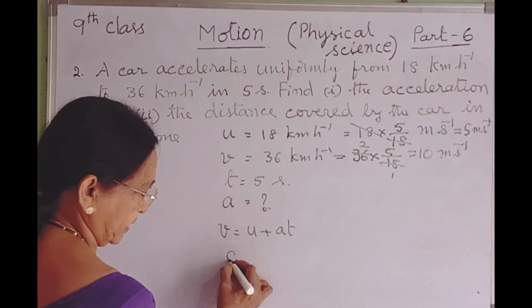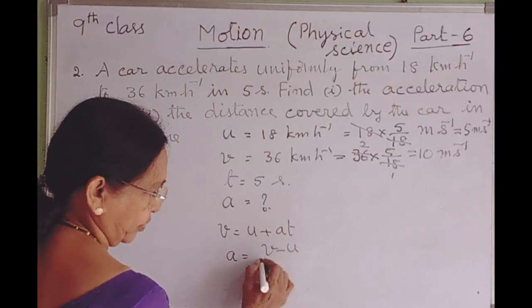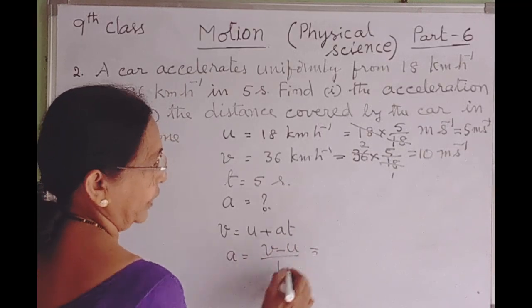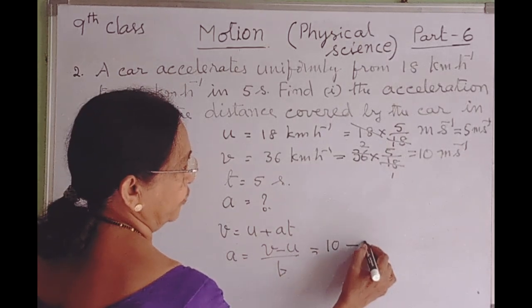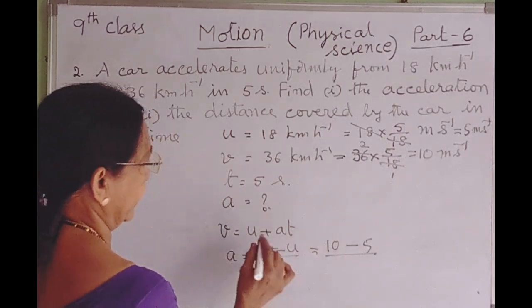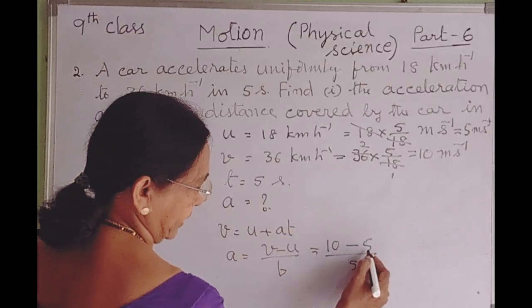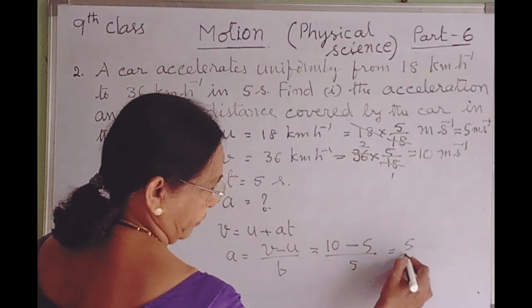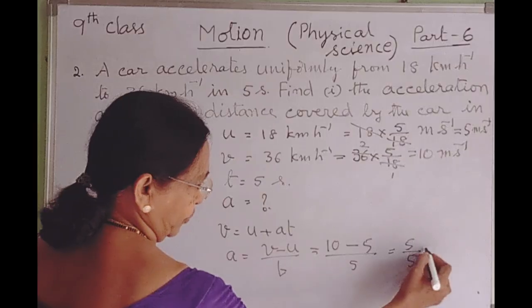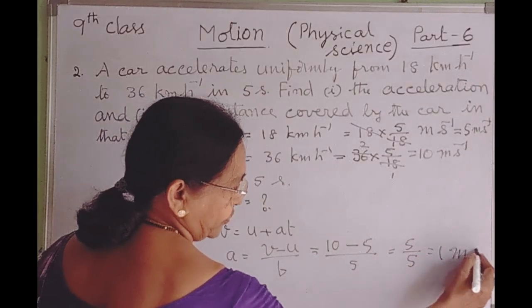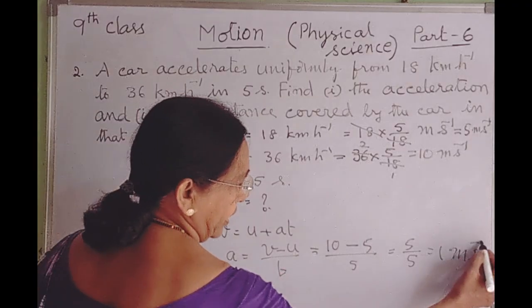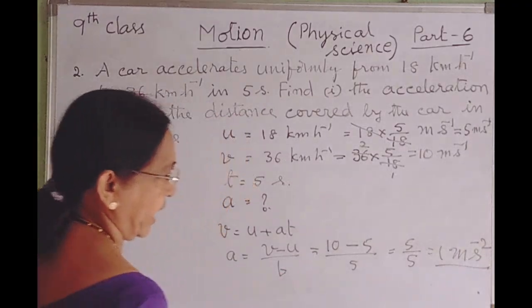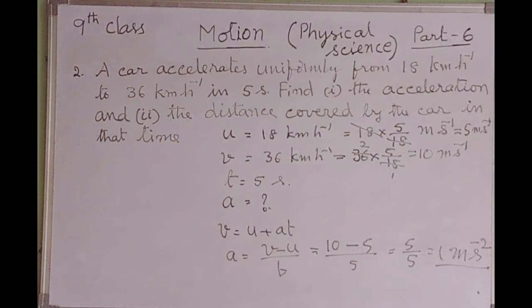So from this equation a is equal to v minus u by t. So v 10 meter per second minus u 5 meter per second by t 5 seconds. 10 minus 5 by 5 is equal to 1. Units for acceleration are meter per second square. Therefore, the acceleration of the car is 1 meter per second square.